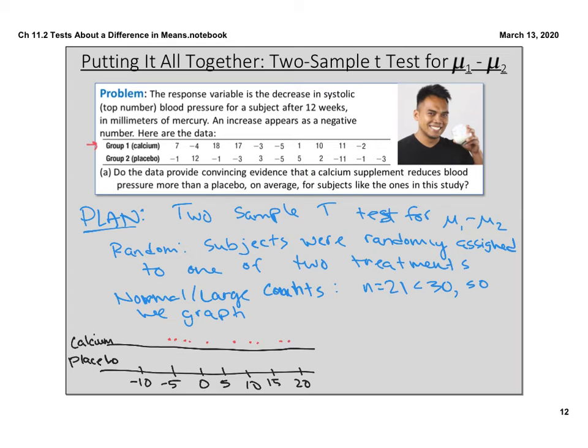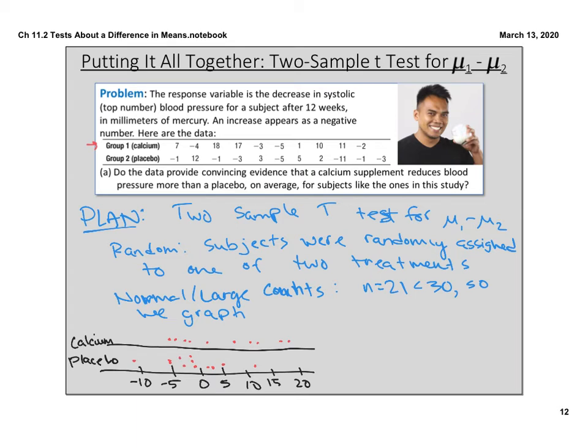Then for the placebo line, I have a negative 1, a positive 12, a negative 1 again, a negative 3, a positive 3, negative 5, positive 5, positive 2, negative 11, negative 1 again, and negative 3 again.